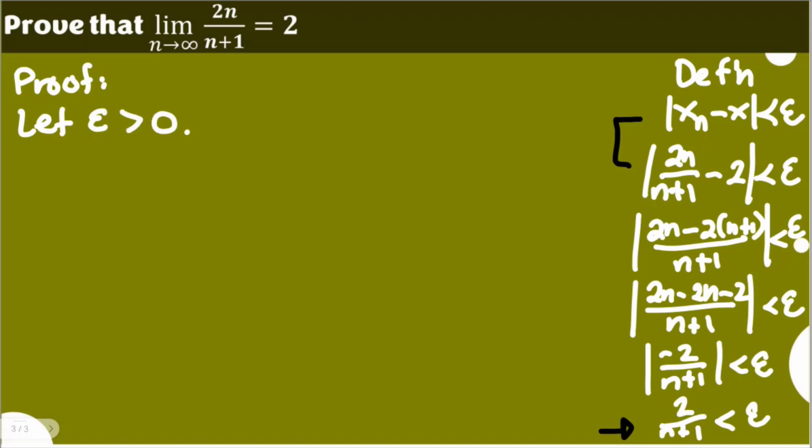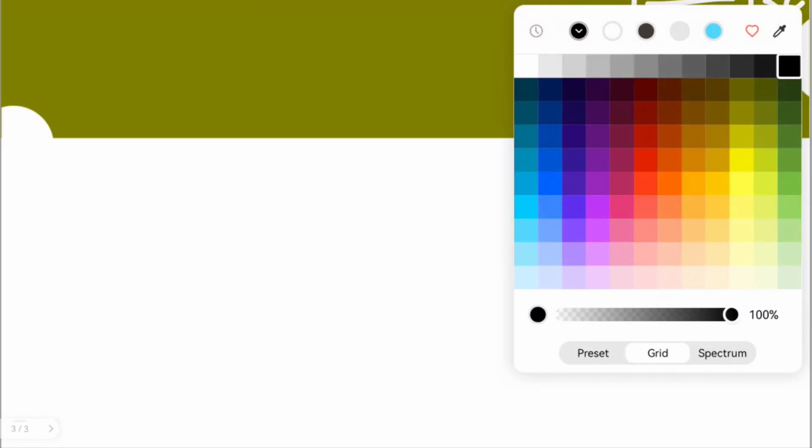After that, we are going to assume a certain value of k. So let k be equal to this target expression here, 2 over epsilon minus 1. You cannot see that because my pen is white. So let's have that.